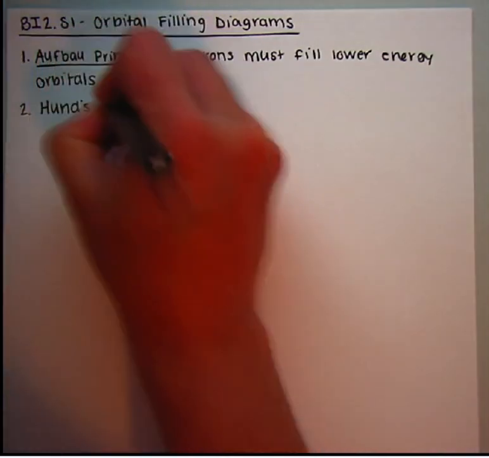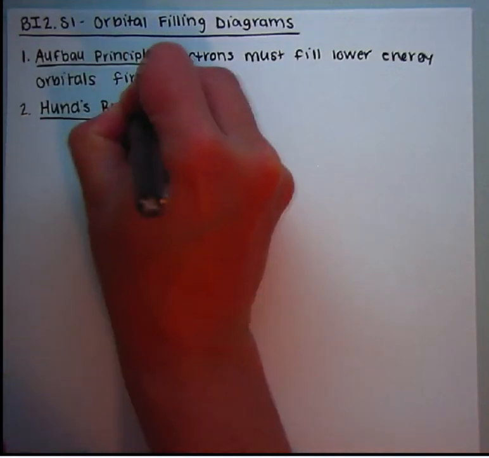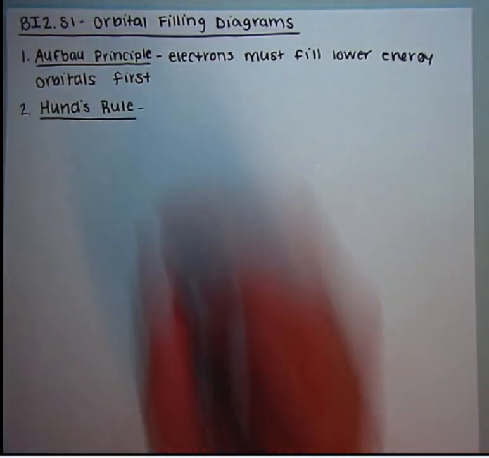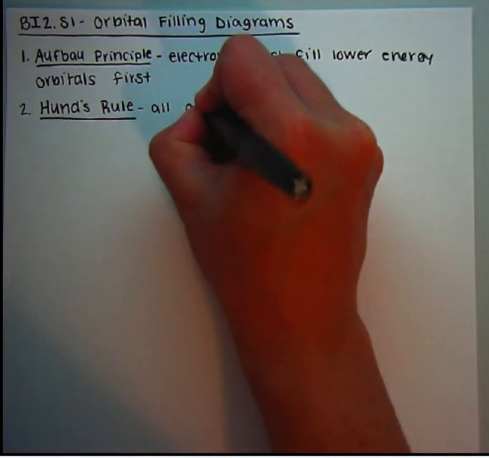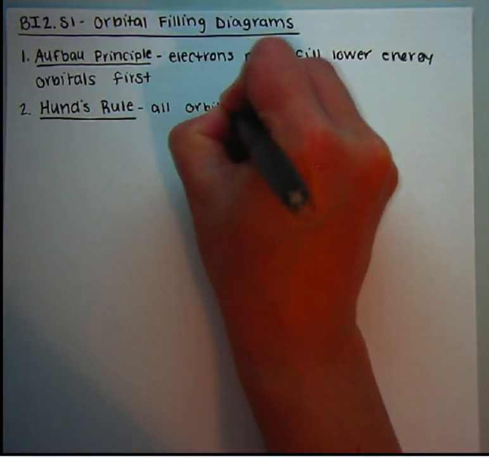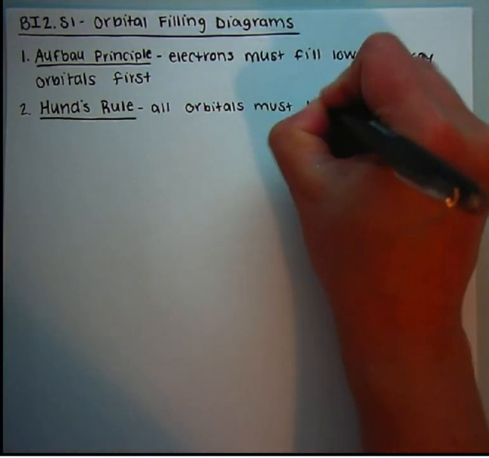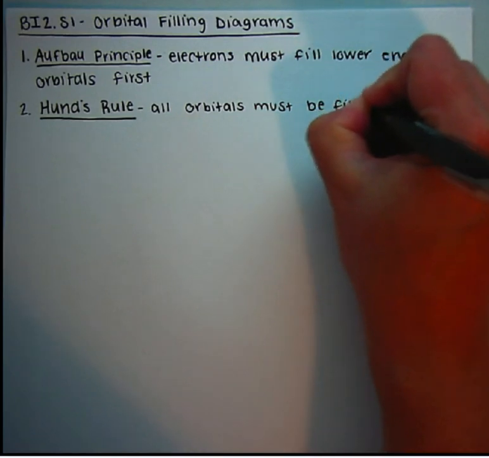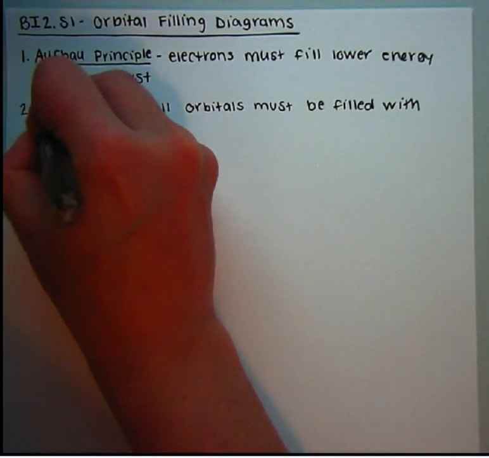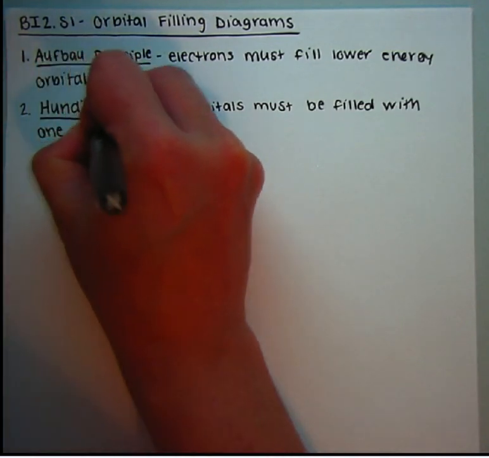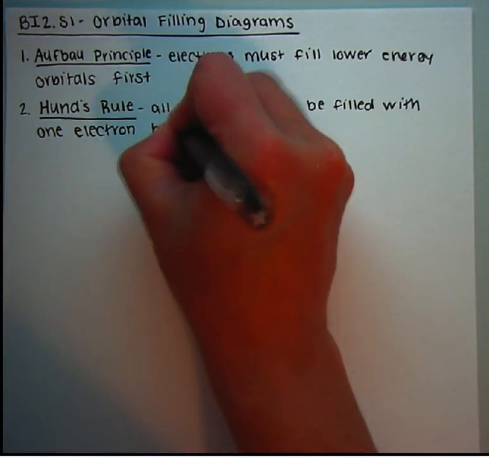2. Hund's rule. Hund's rule is what I like to refer to as the seats on the bus. Hund's rule states all orbitals must be filled with 1 electron before electrons can pair.